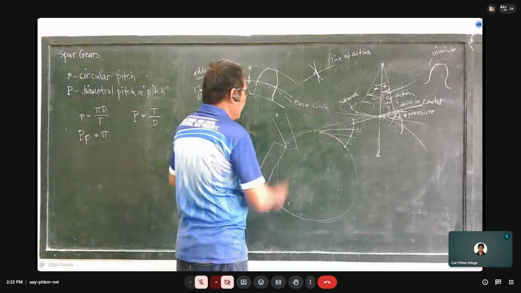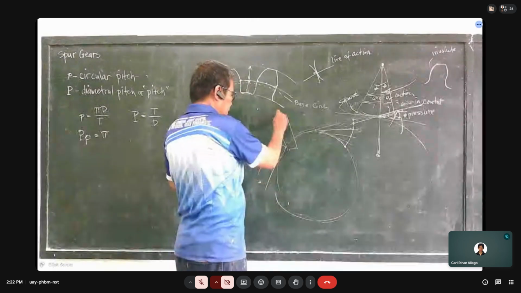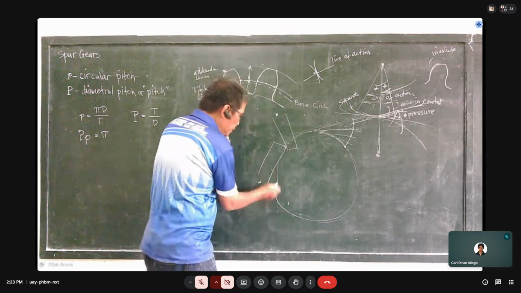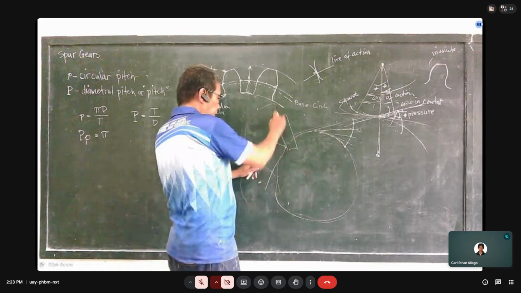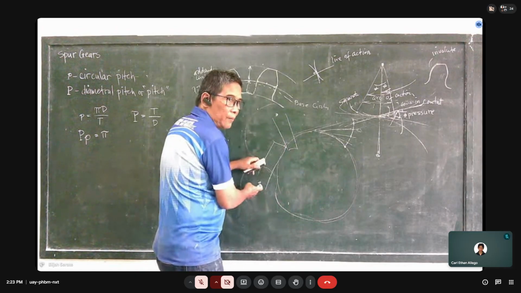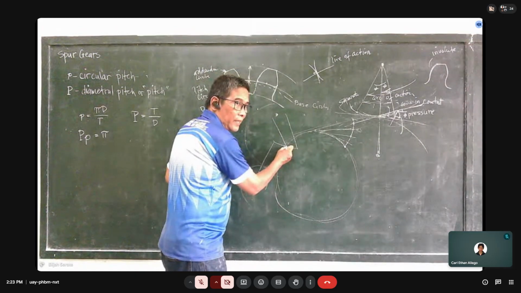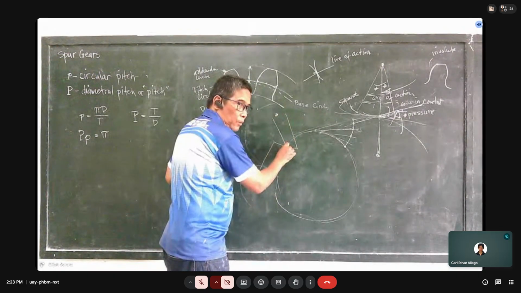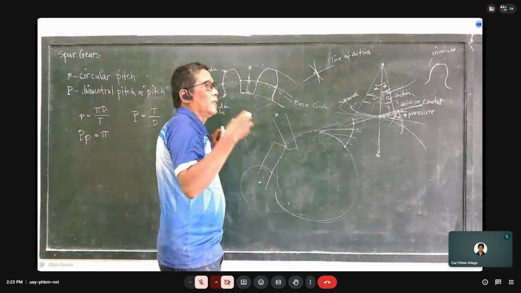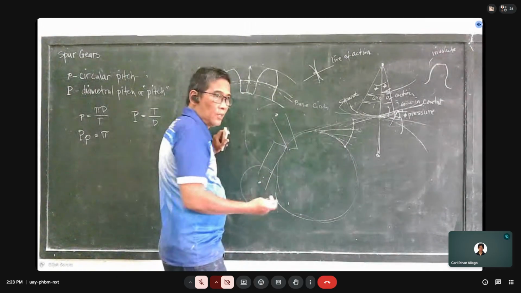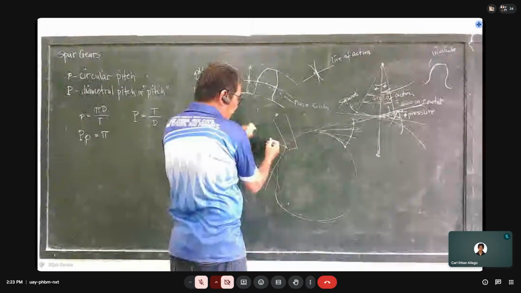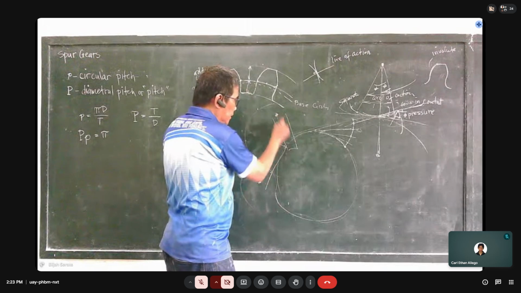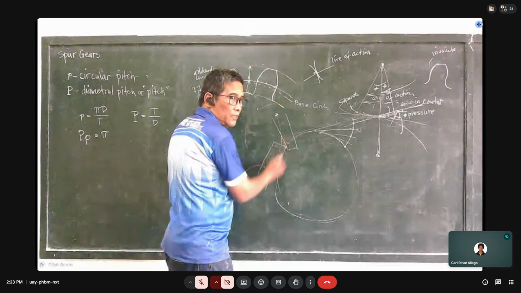remember that the speed ratio is relative to the center of the section. If it is far, the speed is different; if it is near, it is different. So this one is your radius and this is also your radius, and you have a certain speed ratio. However, when you move this around, the radius will change.